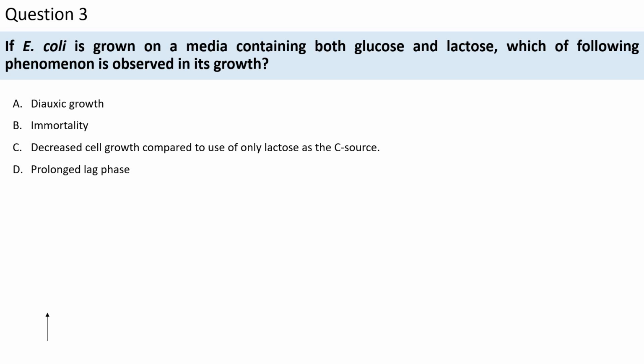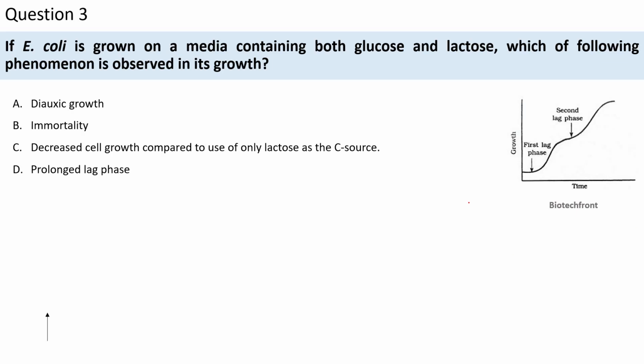This might be easy for people, because if two carbon sources are there, the organism will try to utilize the source that is easiest for it to grow on, and once that carbon source is over, it will shift to the second carbon source present in the media. This phenomenon we call diauxic growth.